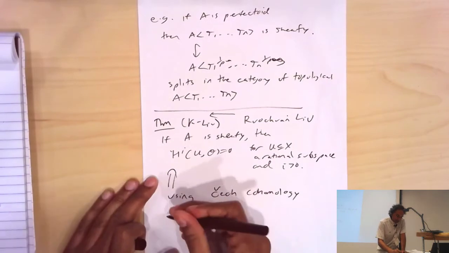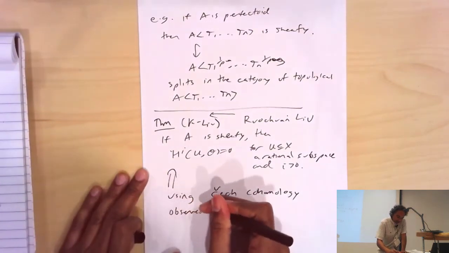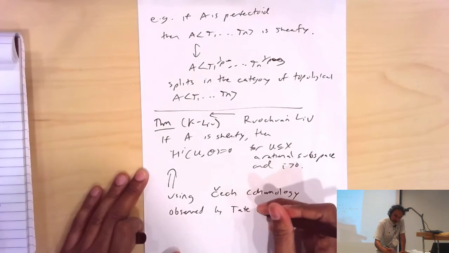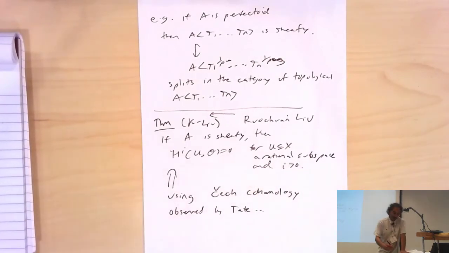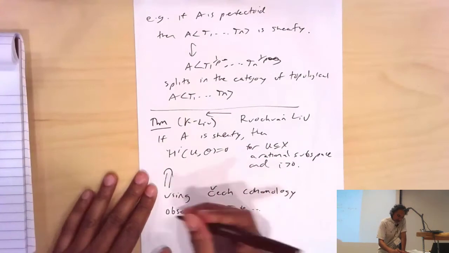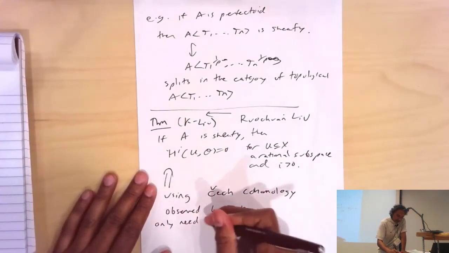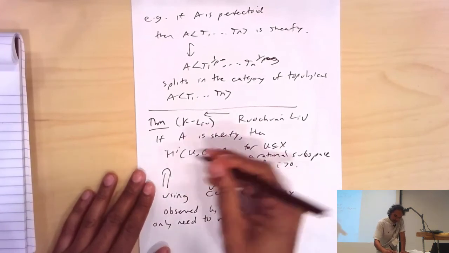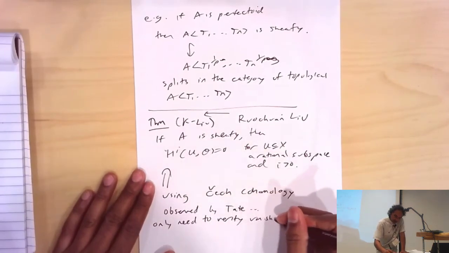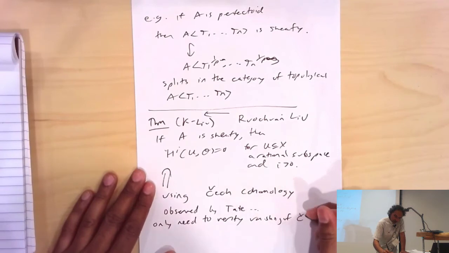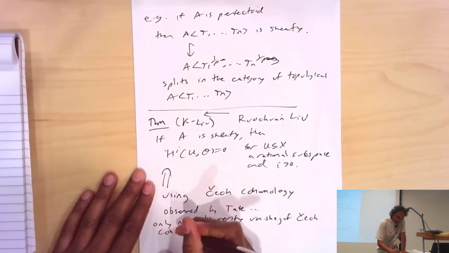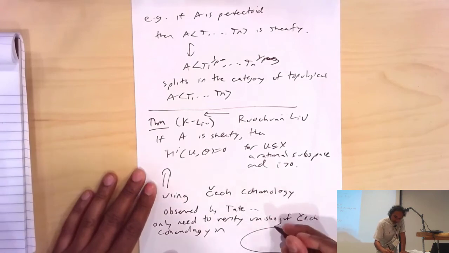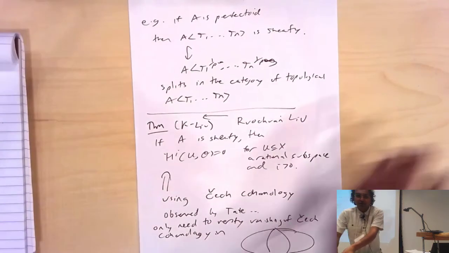It was observed by Tate, essentially, as refined by other people, that you only need to verify the vanishing of this sort of Čech cohomology in the following situation. Actually, let me draw this on a fresh sheet.